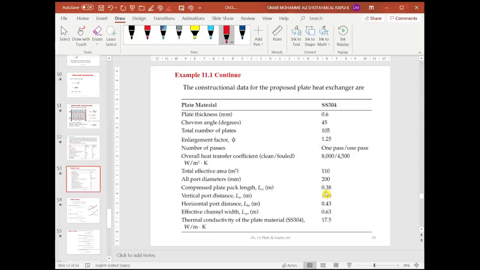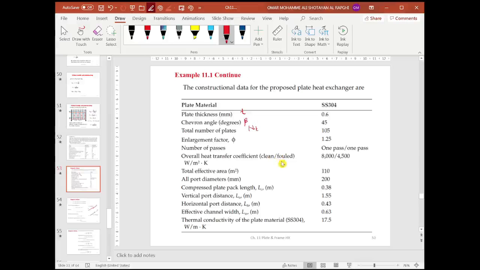Some additional geometrical parameters for this gasket plate heat exchanger are also given, for example the plate thickness, which is t, chevron angle, which is beta, and total number of plates NT. The number of plates is 105, the thickness is 0.6 millimeter, the chevron angle is 45, φ, the enlargement factor, is 1.25, and the number of passes is 1 pass for the cold fluid and 1 pass also for the hot fluid.